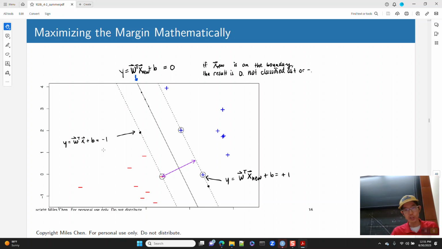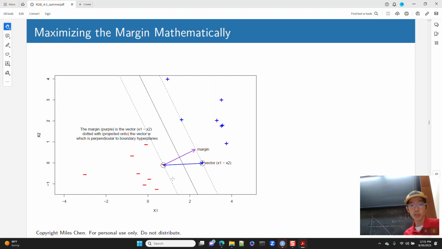Obviously, for this picture, it's going to be slightly different, but w gives us a vector that indicates the direction, and the hyperplane is defined by w transpose x plus b equal to 0. This border here.